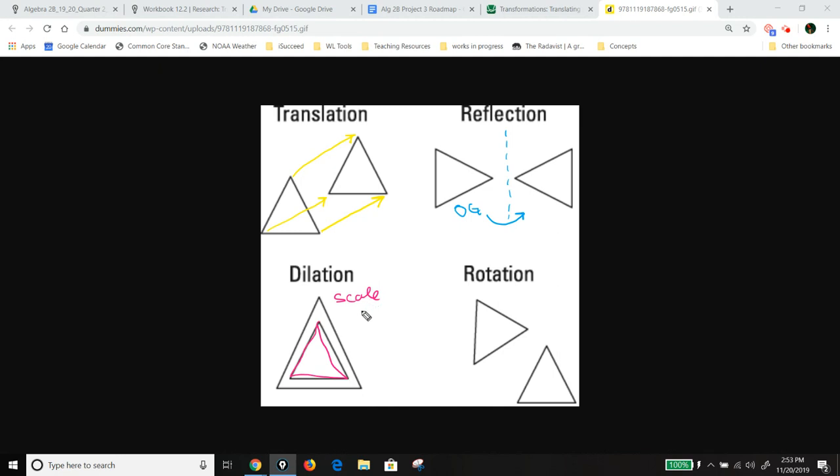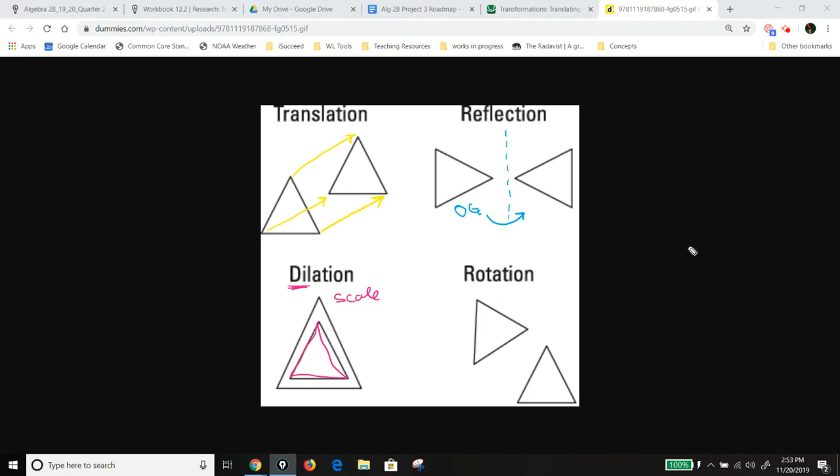So sometimes I want things to be 2 times as big, or maybe I want it to be smaller and I would scale it by maybe a half, for example. But a dilation is where we're changing the size of, in this case, a shape or sometimes a graph.